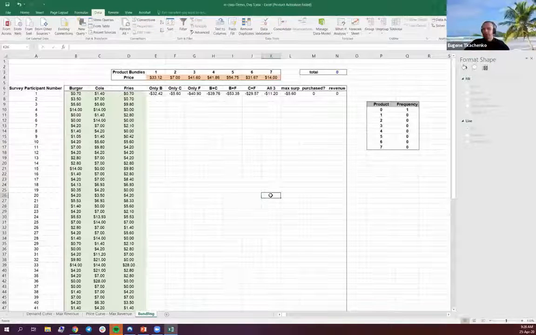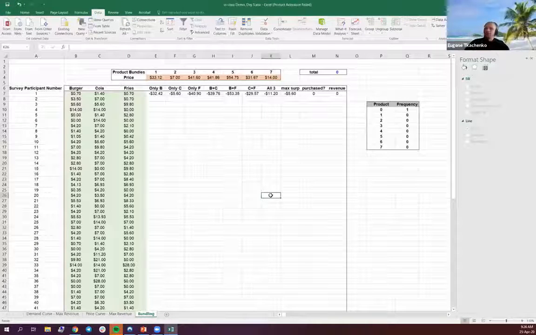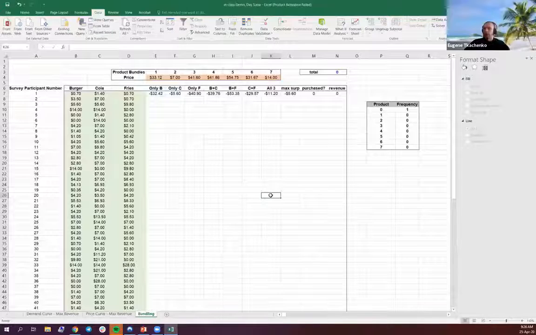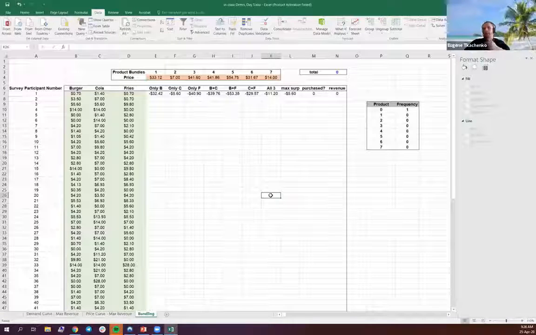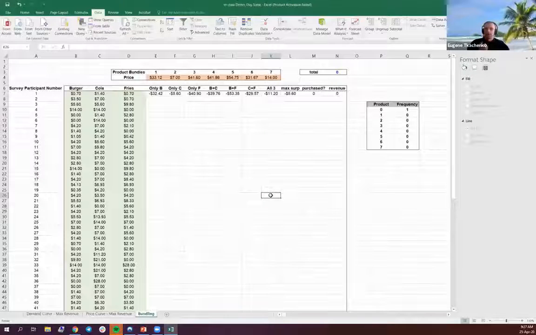Let's assume you have a new McDonald's restaurant opening soon, and you ask: what prices do I need to set in order to maximize my profits, while still selling those items above the profitability point? I will be extracting consumer surplus effectively, not hurting the customers, but at the same time maximizing my revenues.